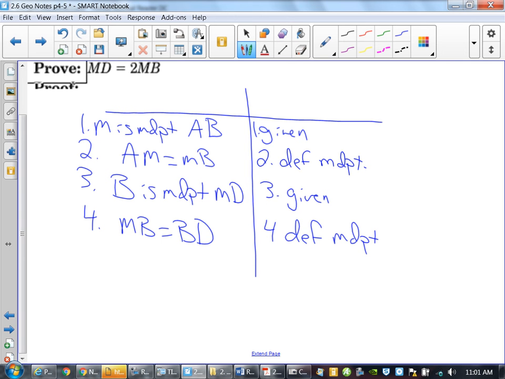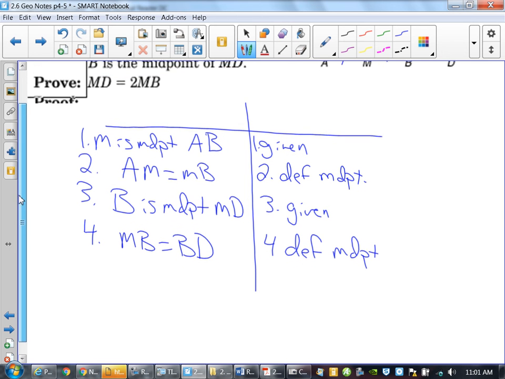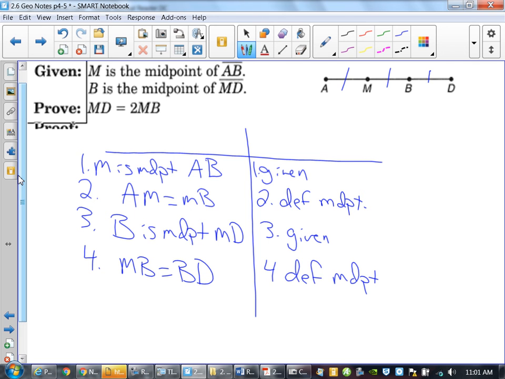Okay, it wants us to focus our attention at segment MD. If I go to my diagram, what is segment MD made up of? How can you write that?